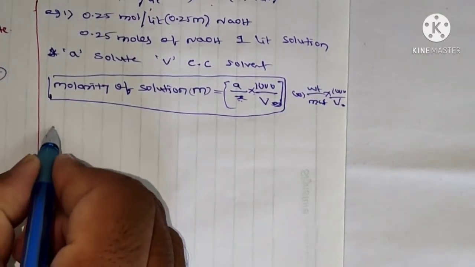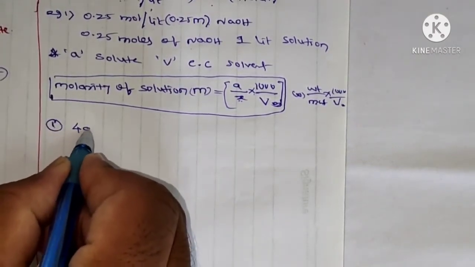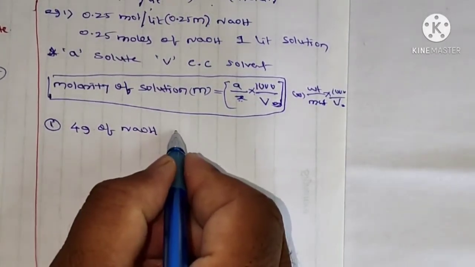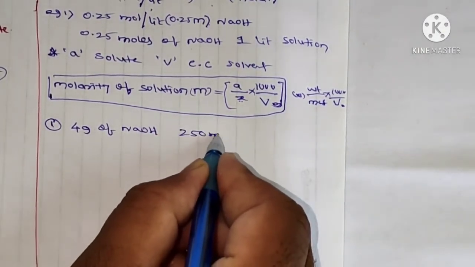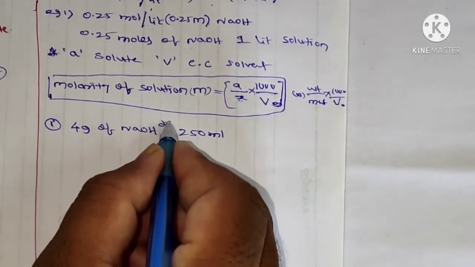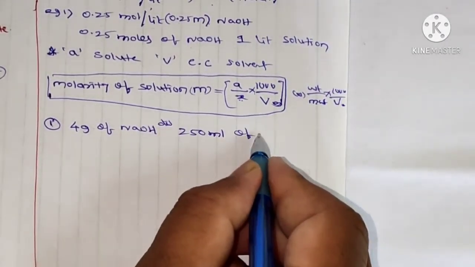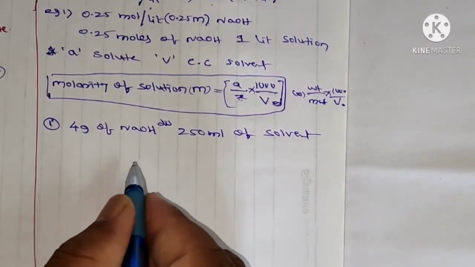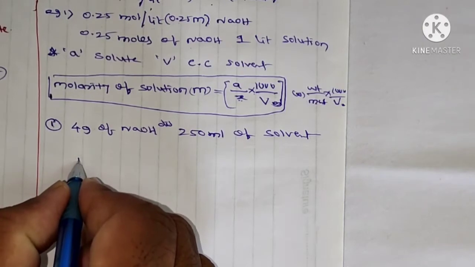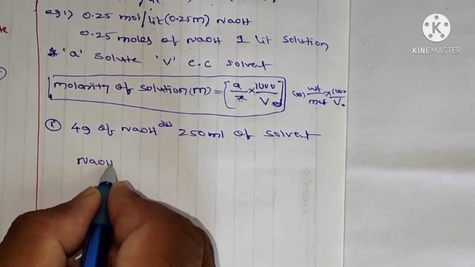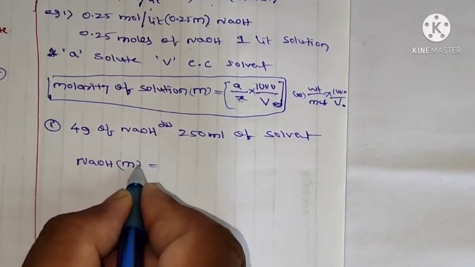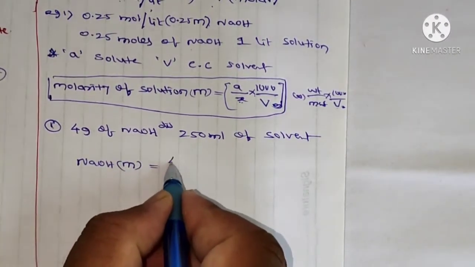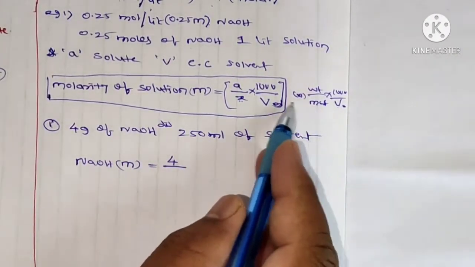Let us solve one problem. 4 grams of NaOH dissolved in 250 ml of solvent. Then the molarity of NaOH is, molarity capital M is equal to weight by molecular weight into 1000 by V. So weight is 4 grams divided by molecular weight.